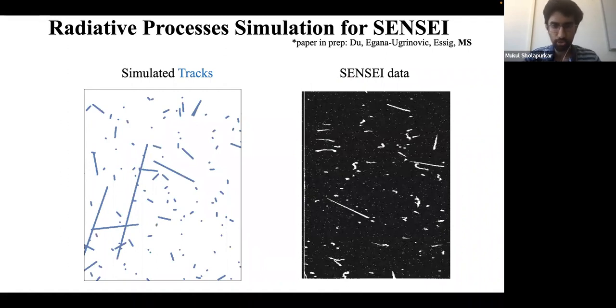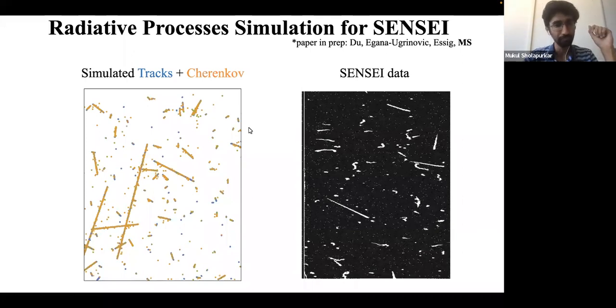So just to show you an example of what we are seeing. On the left-hand side is a simulated image in our simulations of the high energy tracks, and on the right-hand side is the actual image of what Sensei observed. These are just the high energy tracks we simulated, and if on top of that I add the Cherenkov photons that have been simulated and the positions of the one electron events which they create, then I get something like this.